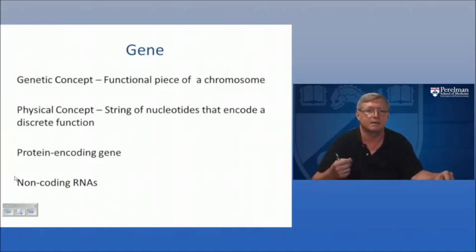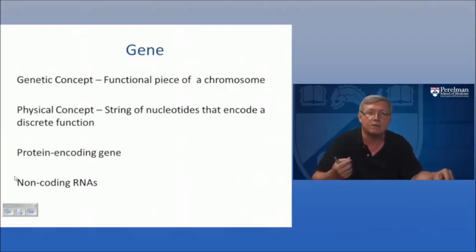It was thought of as a piece of a chromosome upon which mutation might occur. It would have some sort of functional effect on the organism. The physical concept that evolved after DNA was worked with was that it corresponded to a string of nucleotides on a chromosome that encoded a discrete function, typically through the action of a protein that it encoded.